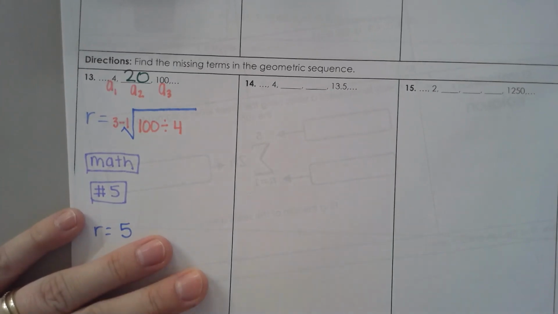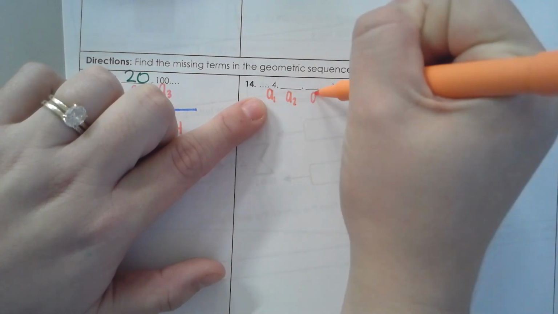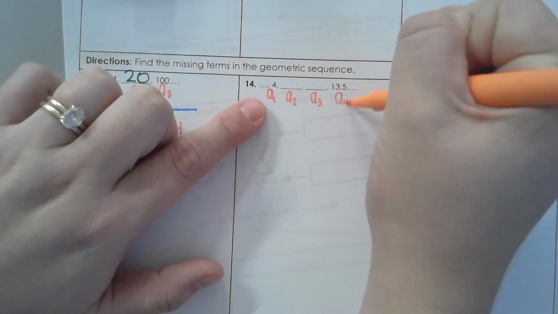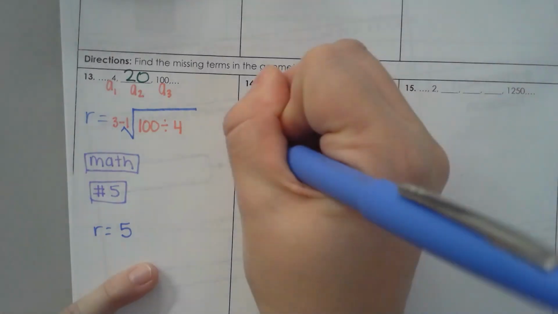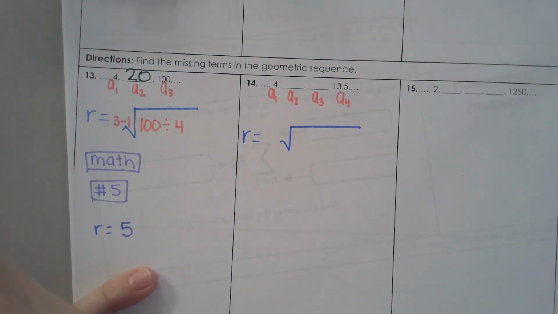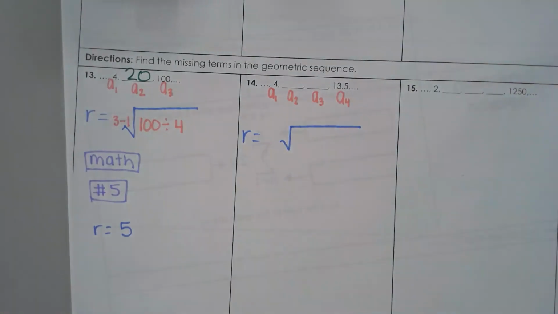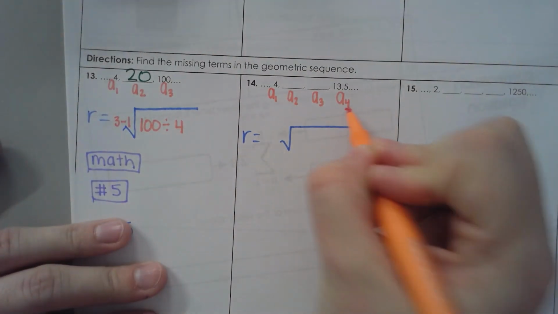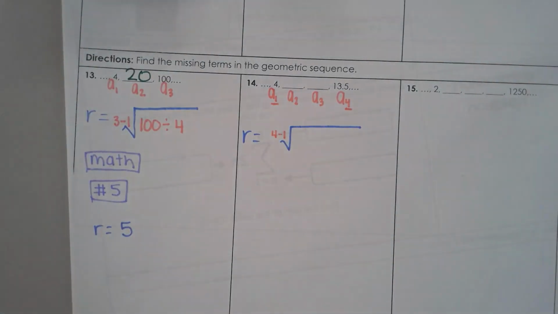So in number 14, this would be A1, A2, A3, A4. So my R is going to be some root. It's going to be a 4 minus 1, which is a cubed root.